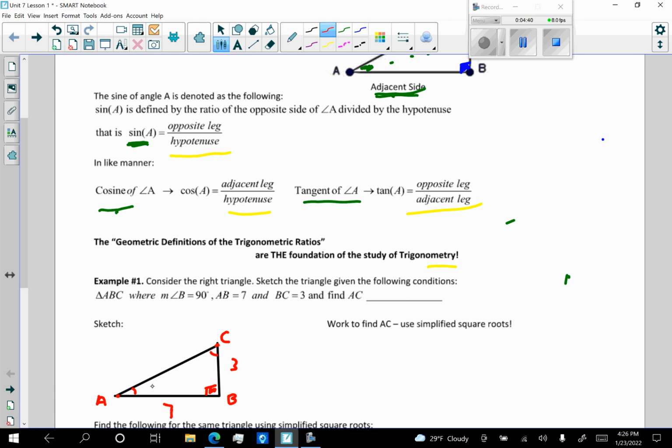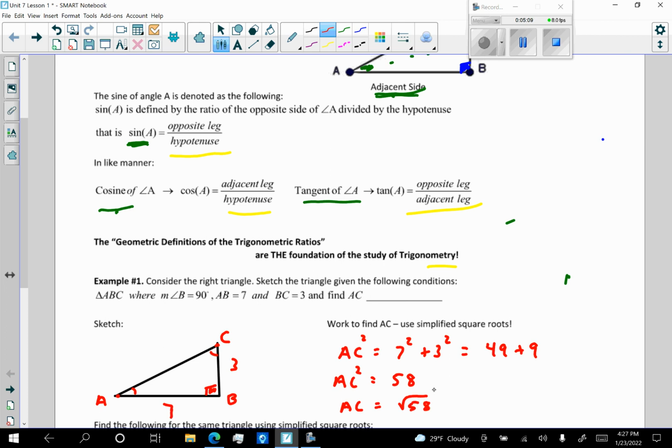So I want to find AC. Well, this is going to be easy. I'm going to use the Pythagorean theorem, and I realize that AC squared is going to be 7 squared plus 3 squared. 7 squared is 49 plus 9. AC squared is going to be 58, and therefore AC is going to be the square root of 58.